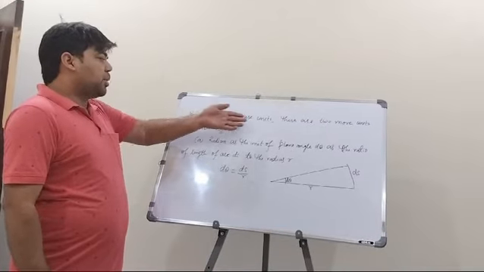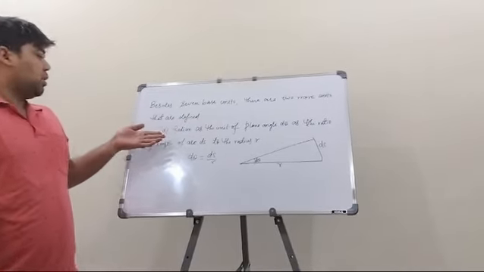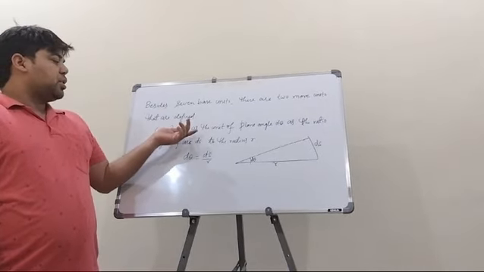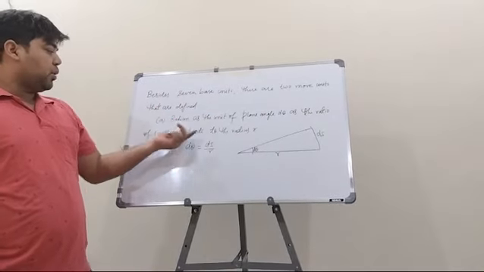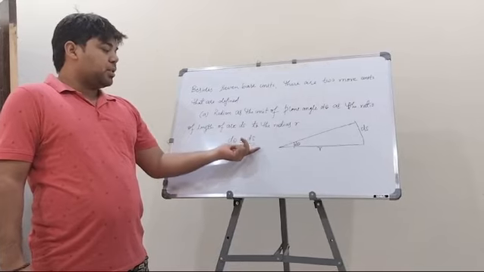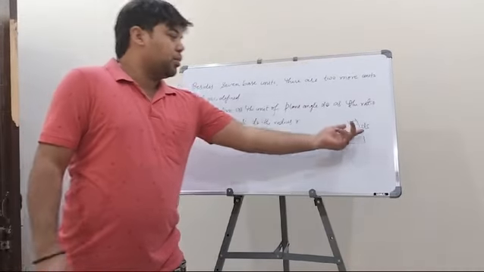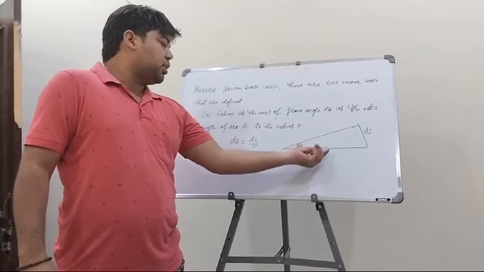Besides the 7 base units, there are 2 more units. One is the radian, which is defined as the unit of plane angle d theta as the ratio of the length of arc ds to the radius r. So d theta is defined as ds divided by r. As you can see, this is ds and this is d theta and this is r.